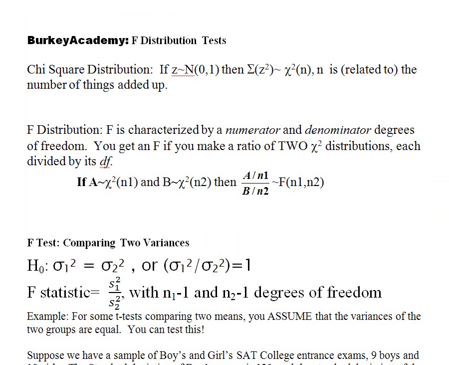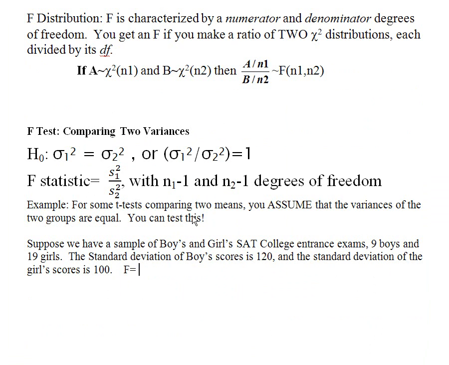So the simplest F-test, maybe not the most common, but the simplest, is to compare two sample variances to see if they come from populations that have an equal variance. And so the F statistic in that case is just the sample variance on the top divided by the sample variance on the bottom.